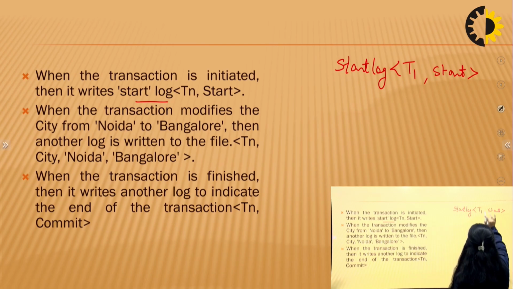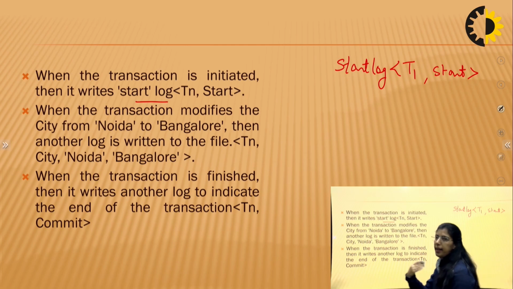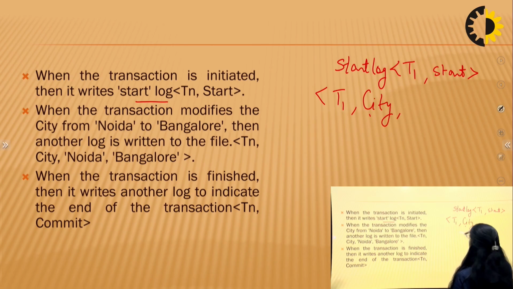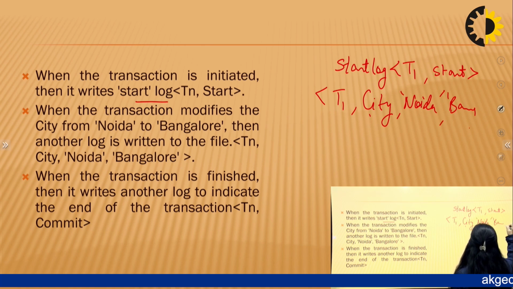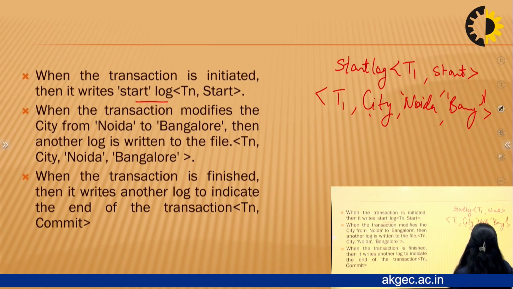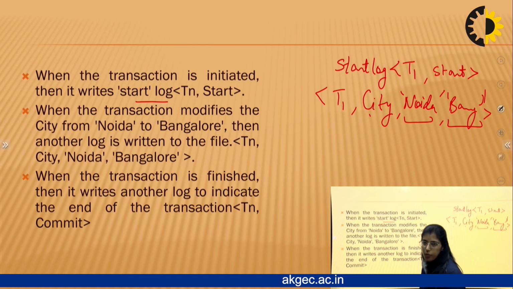When this transaction is updating some value, this is how it will write what T1 has done in the column city: it changes the data from Noida to Bangalore. This is the previous value and this is the current value after updation.